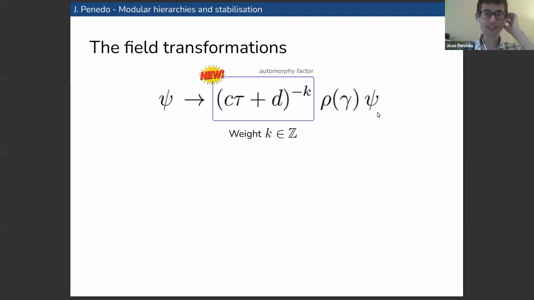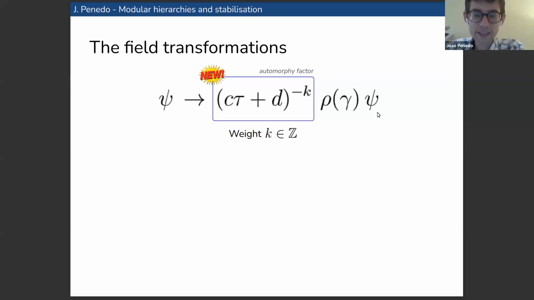So if you forget this first factor, you get just the usual flavor symmetry rule. This is a new factor that appears when you are considering modular symmetry, but the rest is just rho. Psi is just the usual rule for transforming fields in multiplets in a flavor symmetric theory.